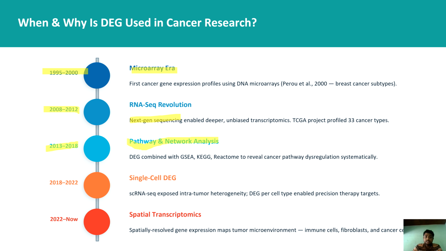Nowadays, smart methods with AI built in are also used. From 2018 to 2022, single cell DEGs, and from 2022 to now, spatial transcriptomics data analysis has been occurring. So it is evolving like this: DEGs in cancer research.